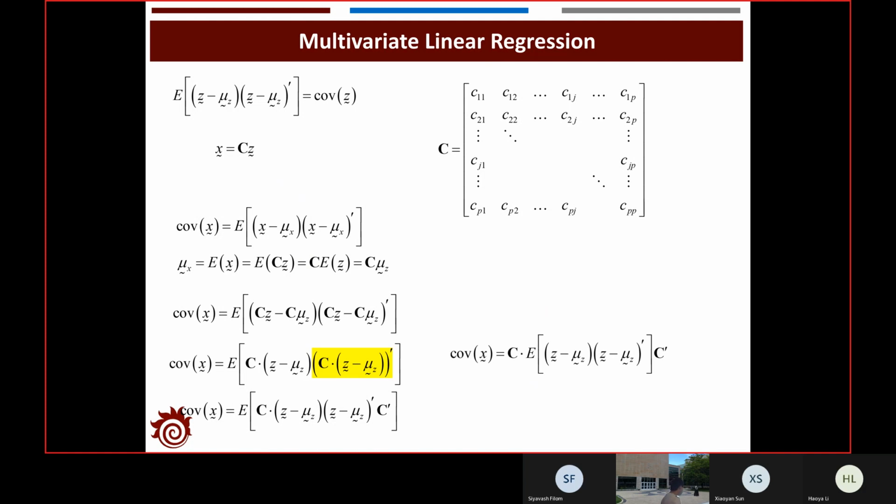And with that, you get the covariance of X will equal C times the covariance of Z times C prime. So that's the relationship between X and Z and how they change the expressions of the covariance.